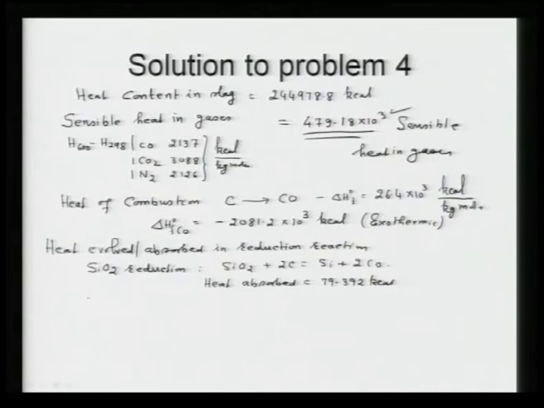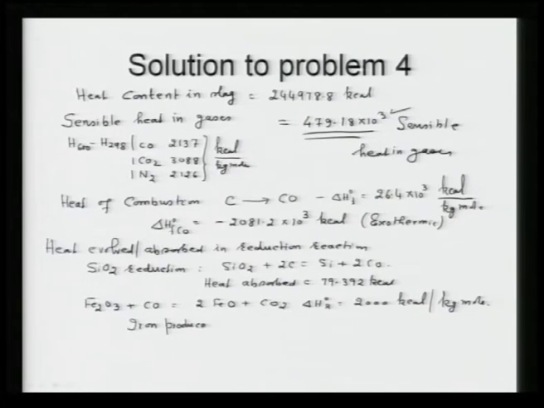Similarly, say Fe2O3 to FeO reduction: Fe2O3 plus CO equal to 2 FeO plus CO2, and delta H naught R is given here as 2000 kilocalorie per kg mole. Now, say total iron which is produced, we have to calculate now.